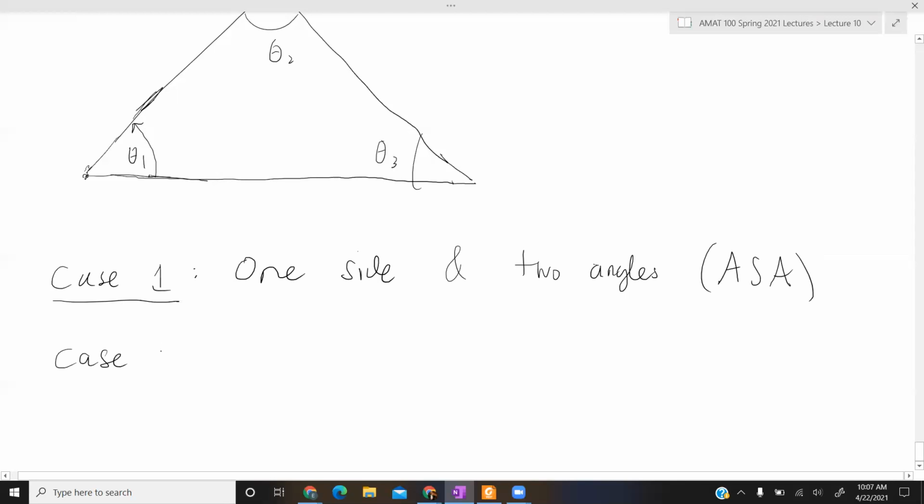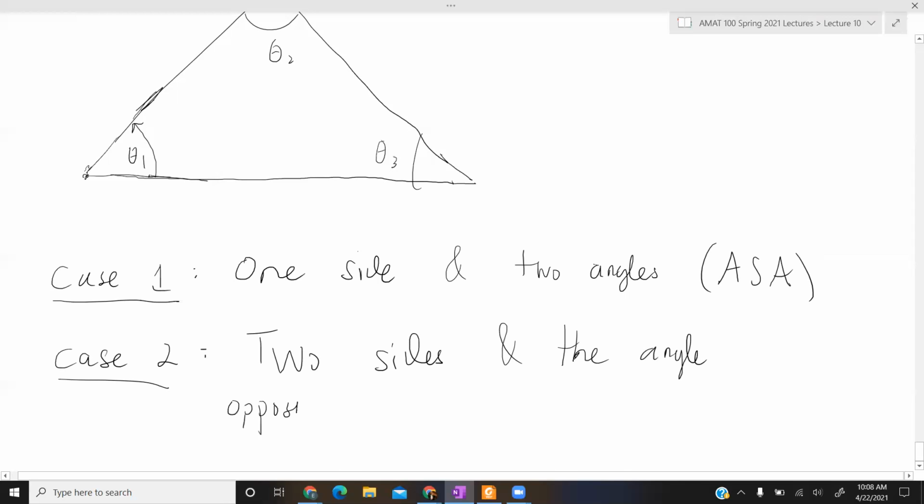And then the other case is when you're given 2 sides and the angle opposite one of those sides.